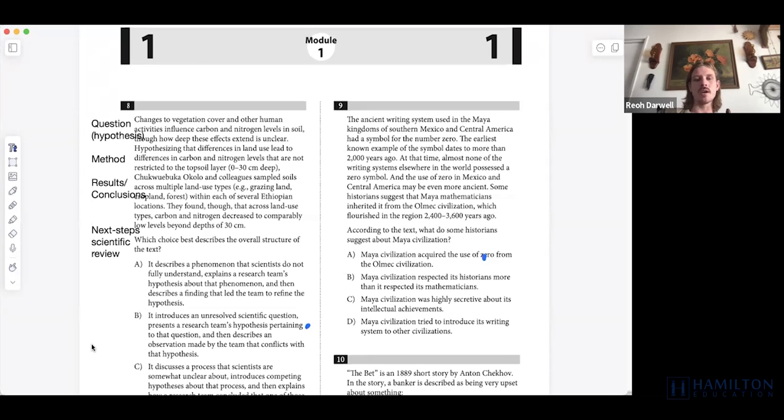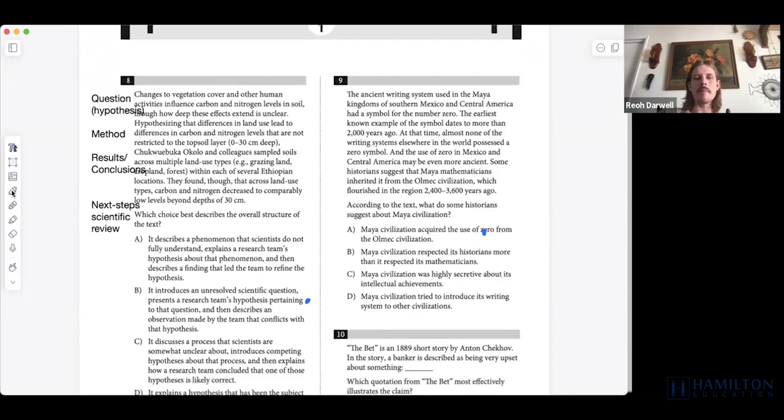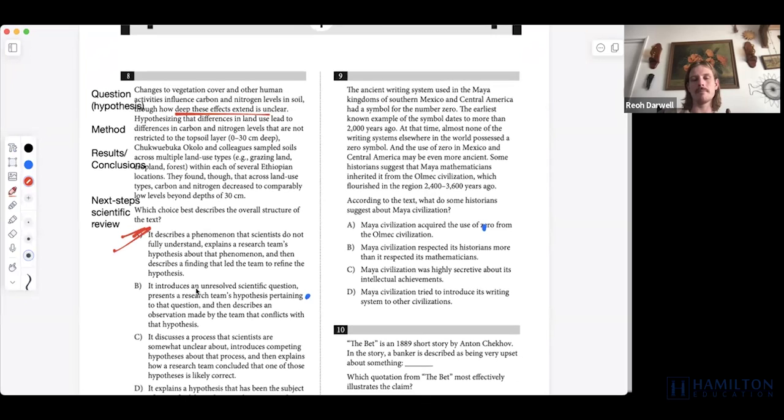A phenomenon that exists is something that we can see or hear, something we already know to exist. That's not the case in A. The depth of these effects is something we don't yet know. We also don't refine their hypothesis, right? We don't get a new hypothesis at the end.